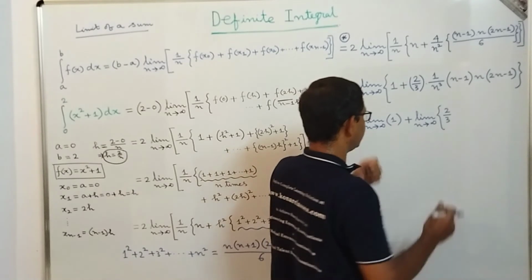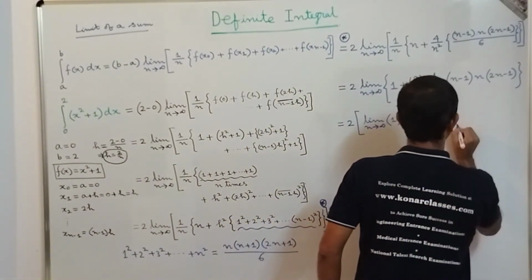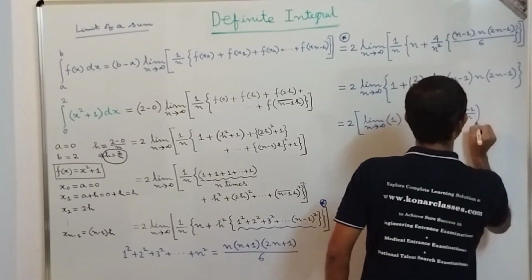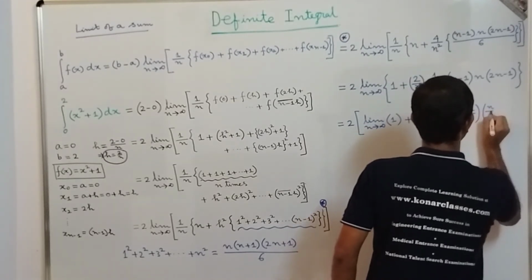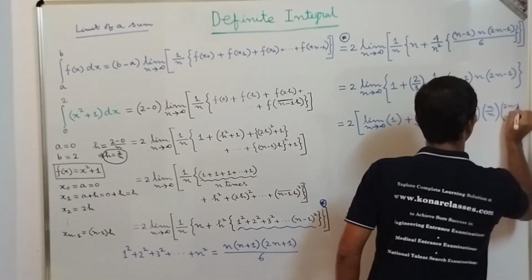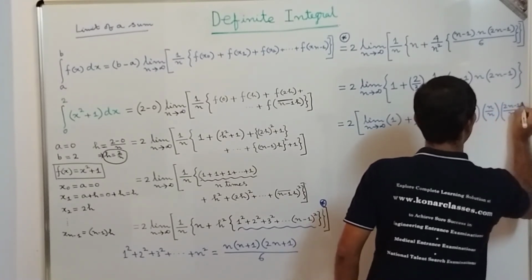So we are going to get n minus 1 by n into n by n into 2n minus 1 by n. Correct?